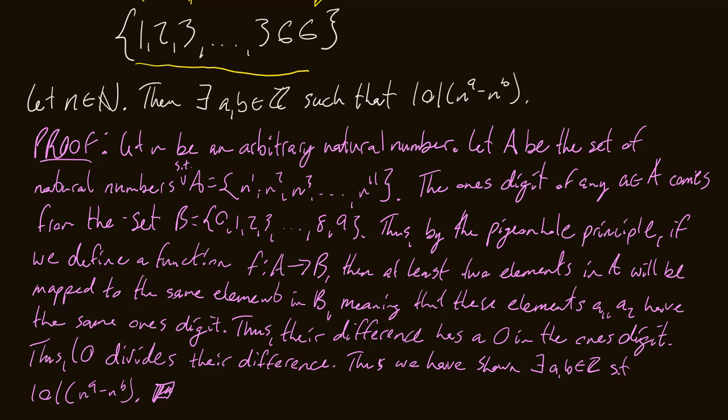Since we have 11 of these and only 10 possible ones digits, we know that at least two of them will have the same ones digit. All of these are being raised to different powers, call those n to the a and n to the b. So when you subtract them, the ones digit will be 0, and thus you can divide it by 10.